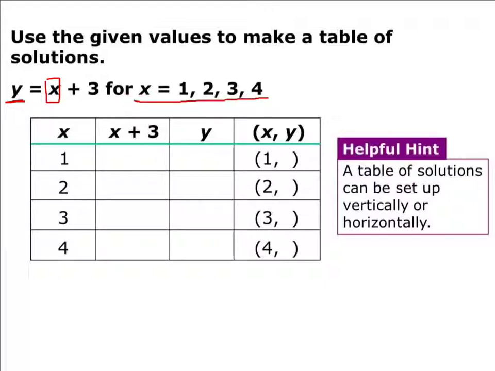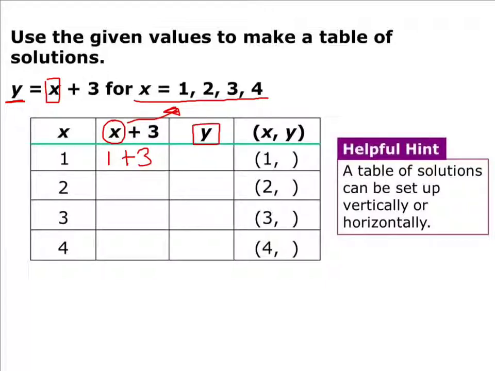So what we're going to do is take my table right here, and instead of rewriting this equation right here with this x, I'm going to rewrite it with one of my numbers from up here. For example, on this first line right here, I'm simply going to substitute my x value for 1, so it'll be 1 plus 3, and that's going to equal my y.